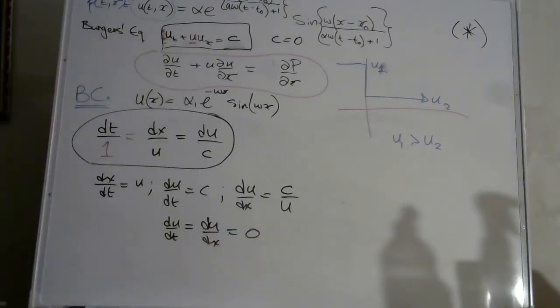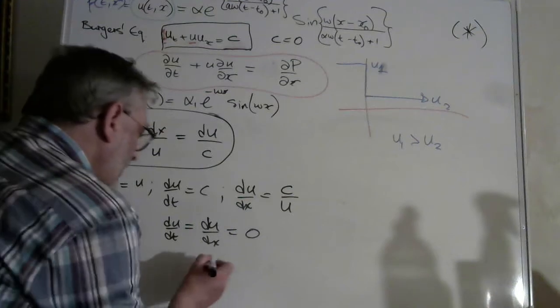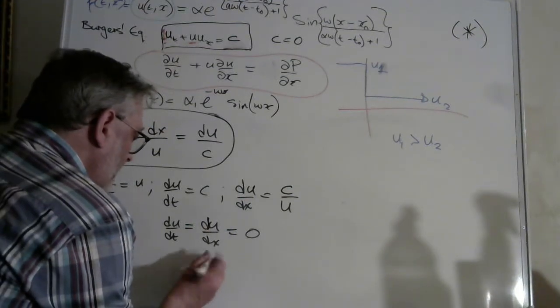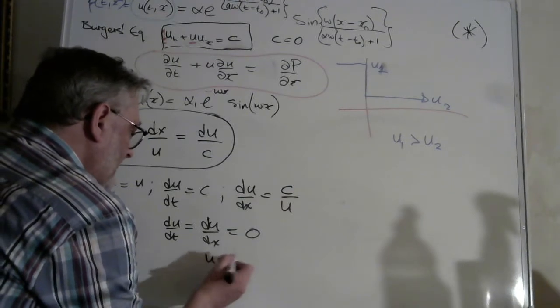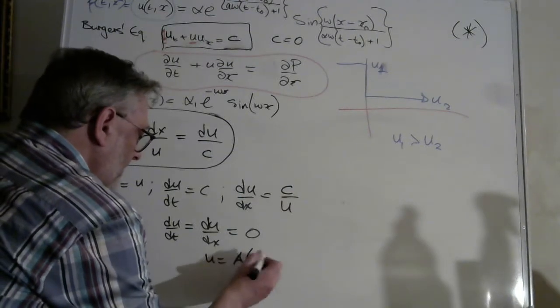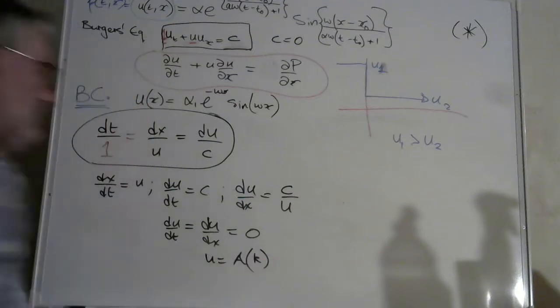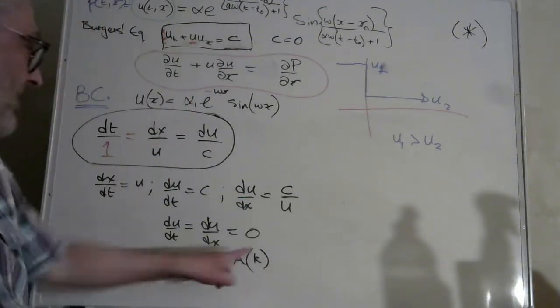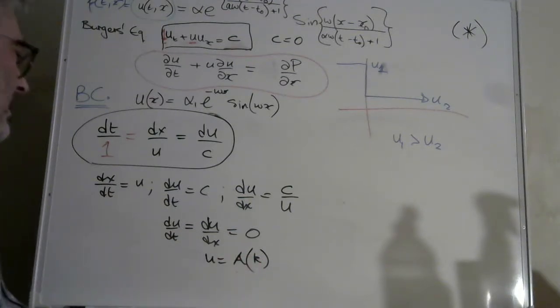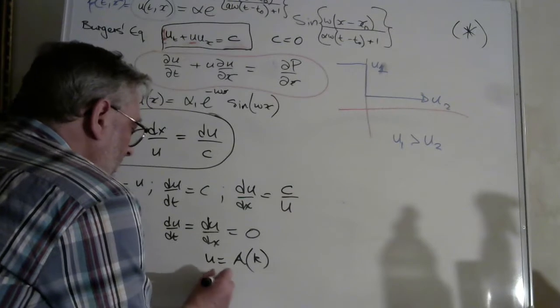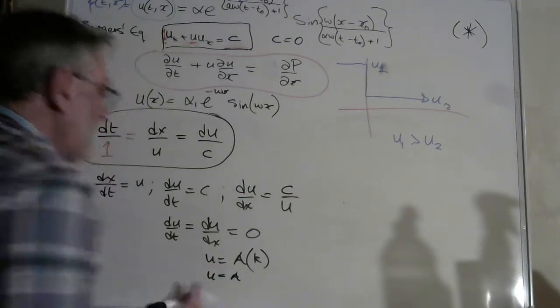And when you integrate that, you basically get u is equal to a constant. We say it's a constant of some generalised coordinate system in terms of x and t, which we call k. Okay, but we can just write that u is equal to a constant there because it is.